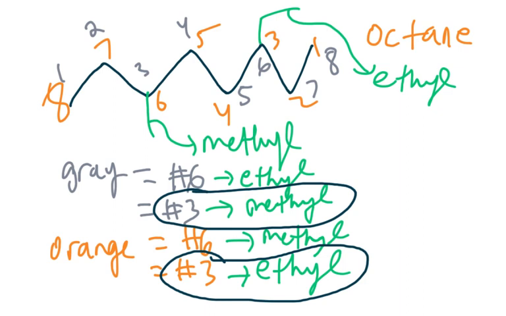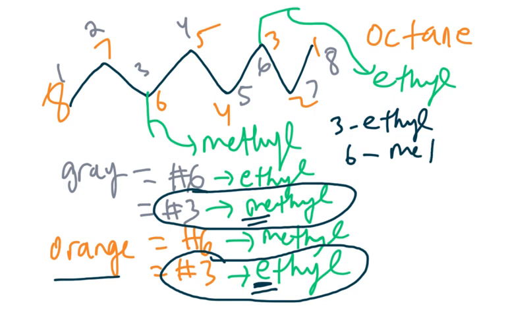Okay, so now which one do we choose? Well, you choose the one that comes alphabetically first. So E comes before M alphabetically, so you would choose the orange numbering. So that would mean in your final name, you would have 3-ethyl as one part, and then you would have 6-methyl as the other, because we're following the orange.